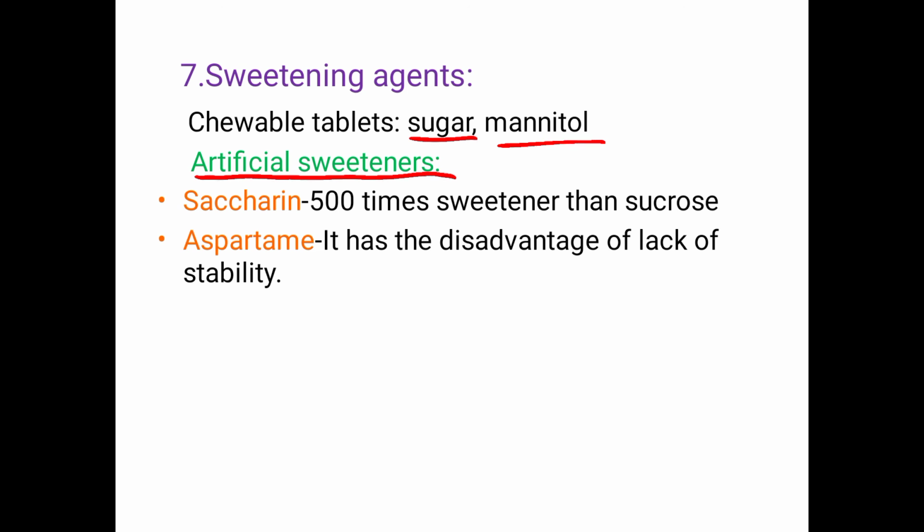Saccharin is 500 times sweeter than sucrose. Aspartame has one disadvantage, which you have to remember: lack of stability compared to saccharin. So what are the examples of artificial sweeteners? Saccharin and aspartame.